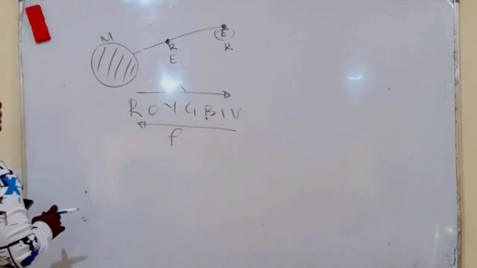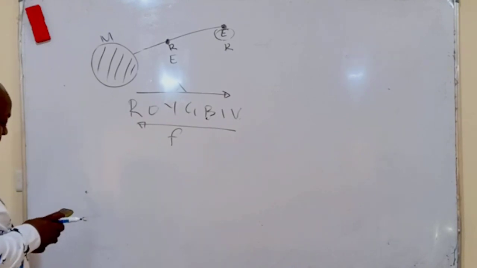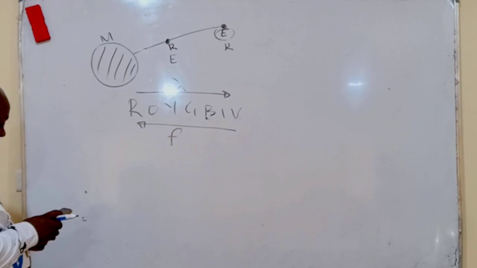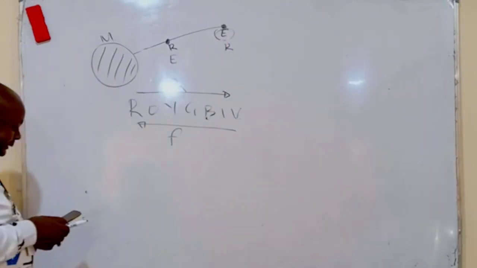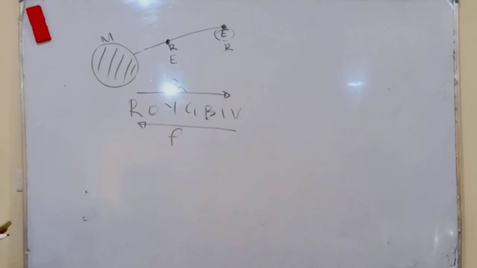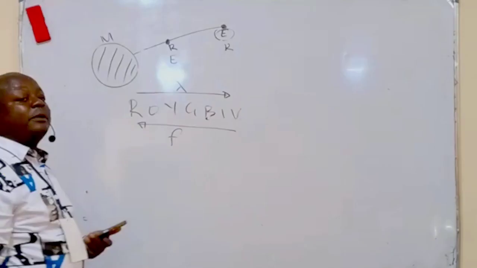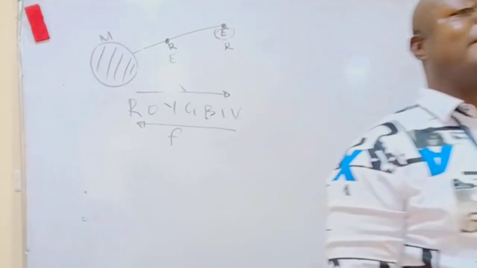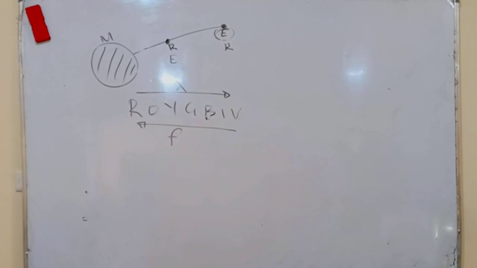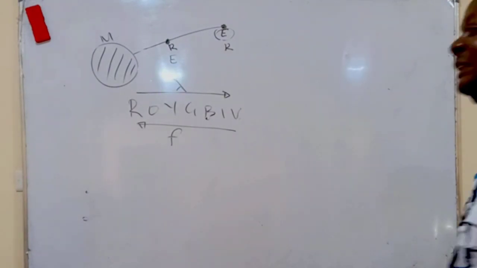So in the first case, let's consider an emitter that is further away, and a receiver. Before we go into that, we need to agree that light moves along what we call a null geodesic.